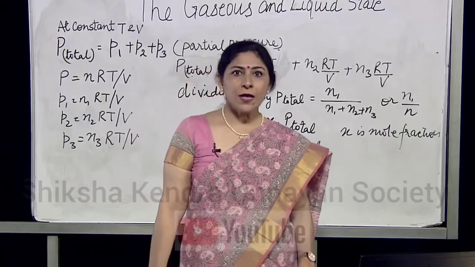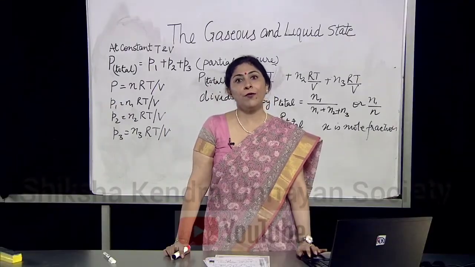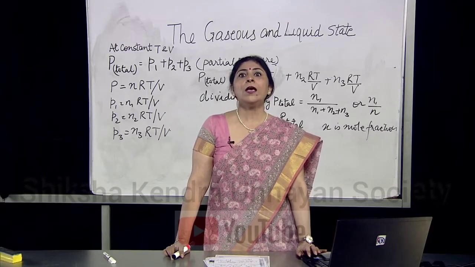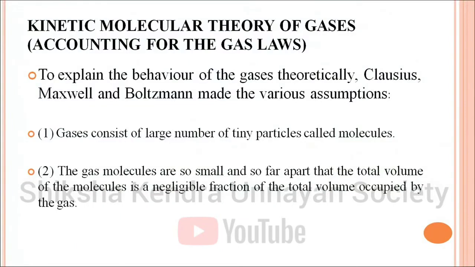Now, next is the kinetic molecular theory of gases. To explain the behavior of gases theoretically, Clausius, Maxwell and Boltzmann made various assumptions. The first assumption was that gases consist of a large number of tiny particles called molecules. That we are familiar with, that all gases are made up of molecules.